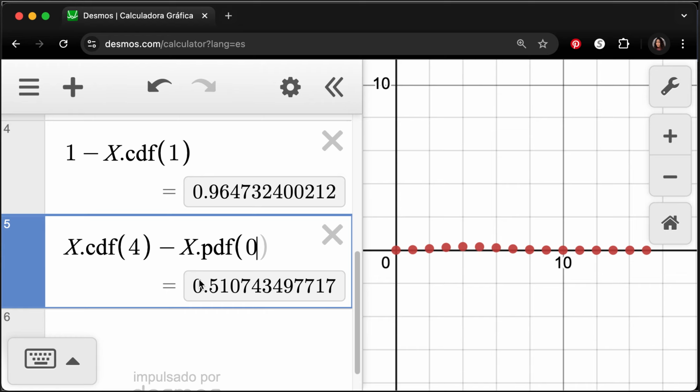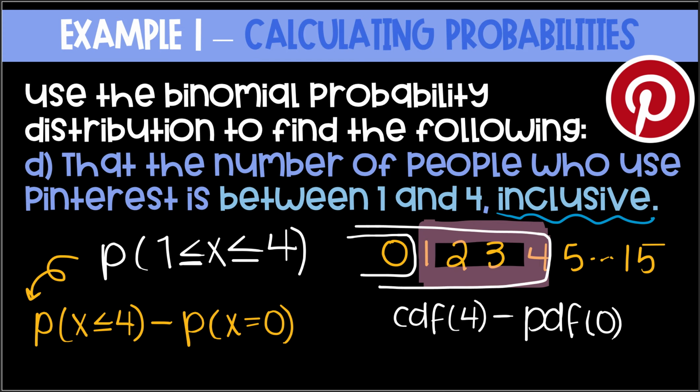Again, you can do it by parts, but because Desmos allows me to do it all in one command, I'm going to use a single command. My probability of finding between 1 and 4 users of Pinterest, including 1 and including 4, is 51.07%. Oh, I forgot the percent.